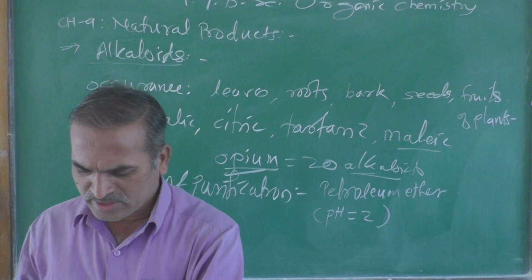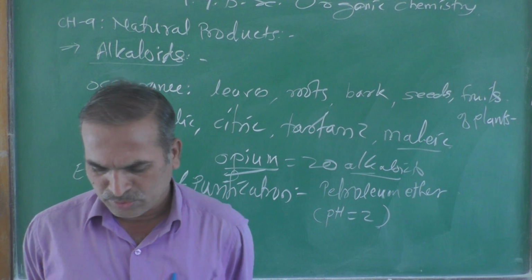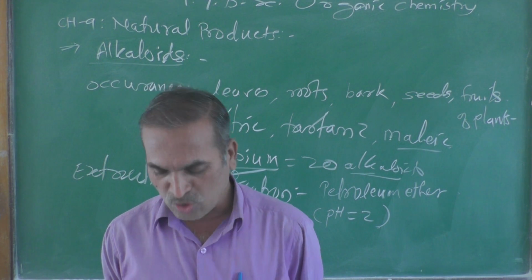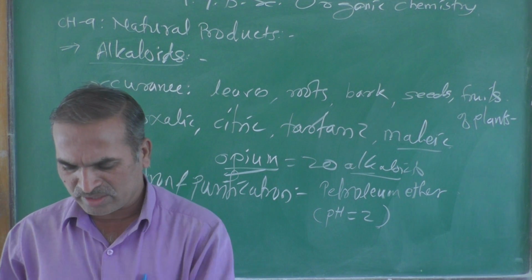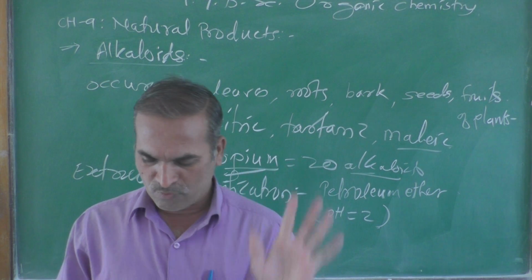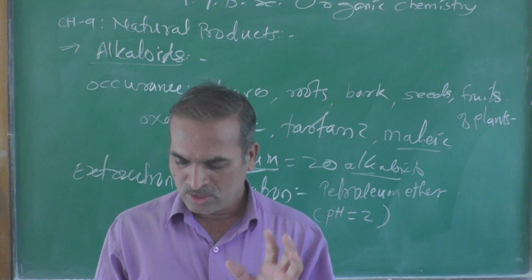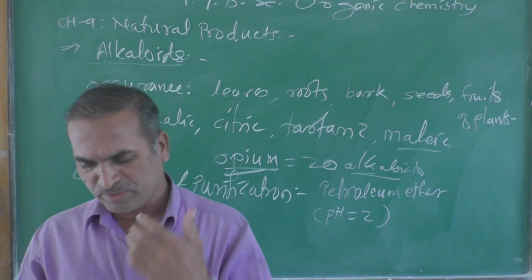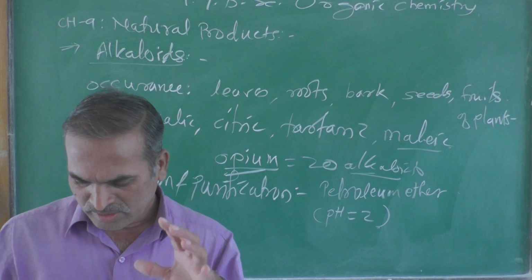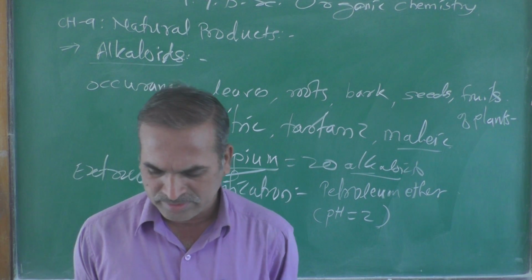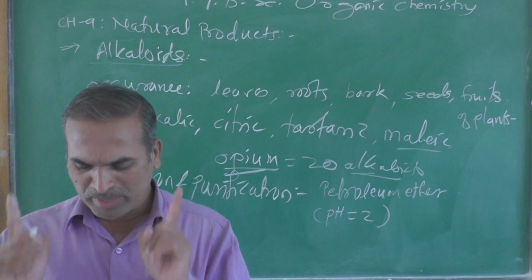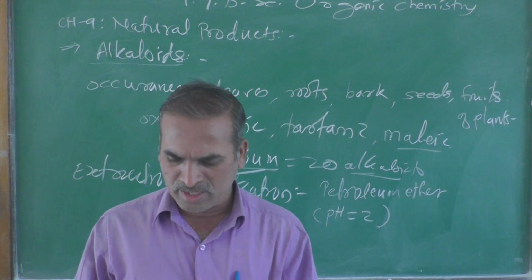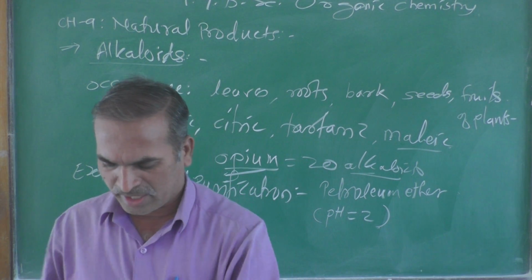The alkaloids are converted into their soluble salts, which are then treated with ether or chloroform, which are organic, volatile solvents. The ether soluble part contains non-basic plant material and is rejected.